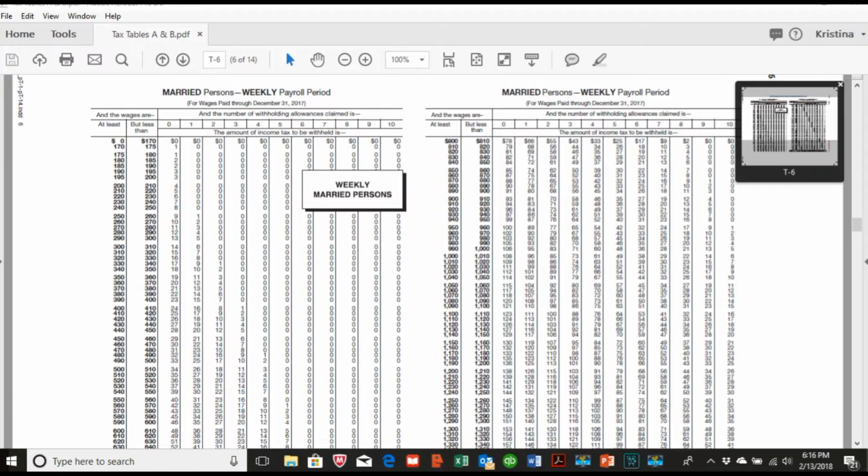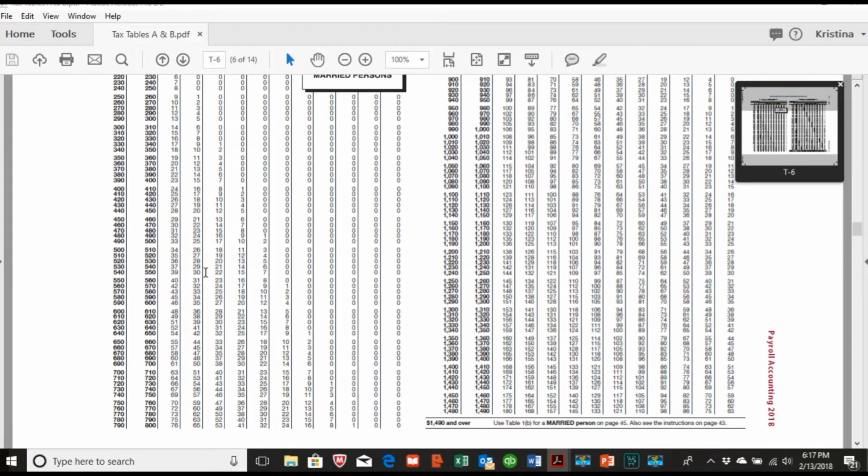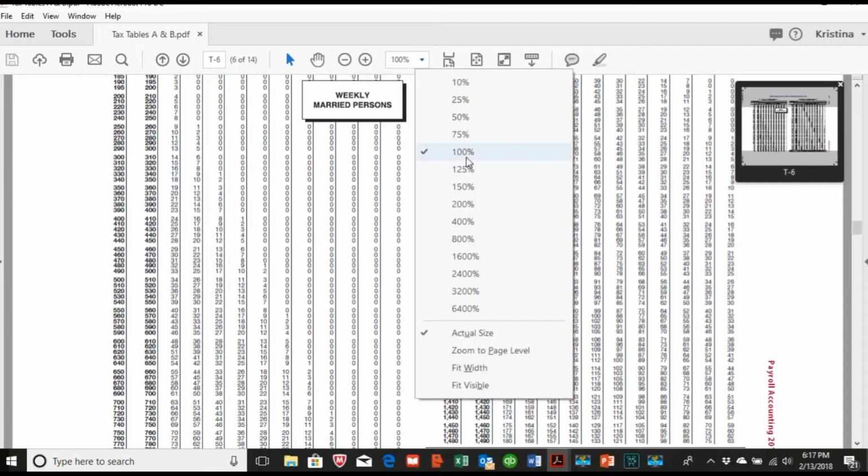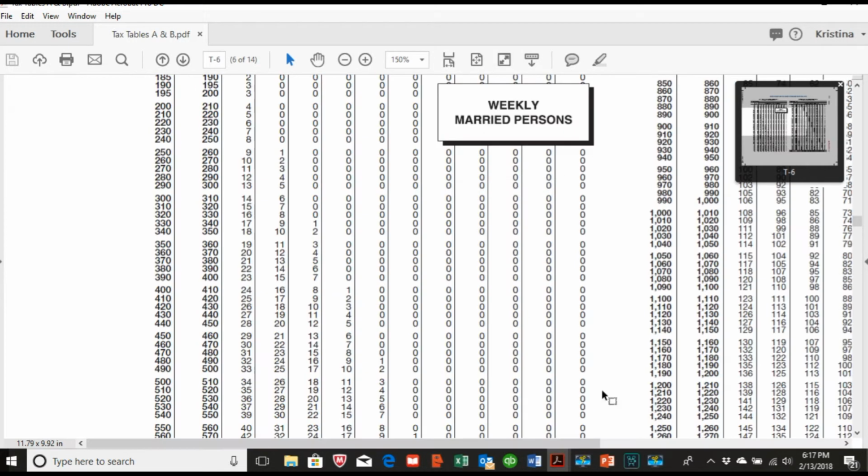Remember the weekly. I remember the $12.90. But for just a second here, let me see. Married with 1. So here we've got married and weekly. $12.90, so his wages are somewhere over in this general area, so I will take this back to 150% so it's readable.